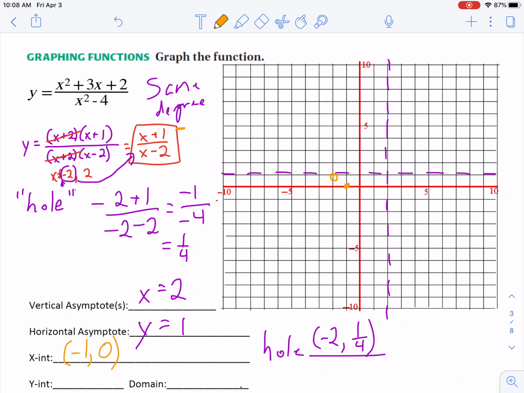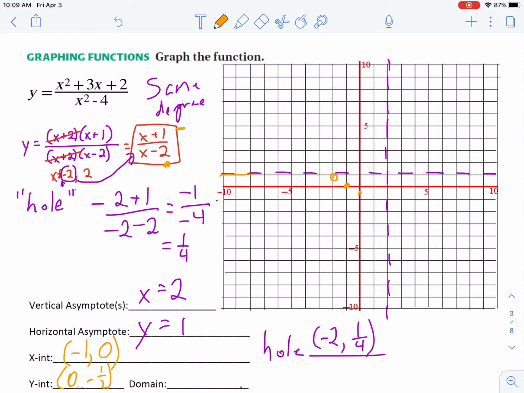And then the y-intercept, that's when I plug in 0 for x. If I plug in 0 for x up in this equation up here, that's going to be 0 plus 1 over 0 minus 2, which is negative 1/2. And so I'll get 0, negative 1/2 is my y-intercept, sorry, not x-intercept, which is right there.